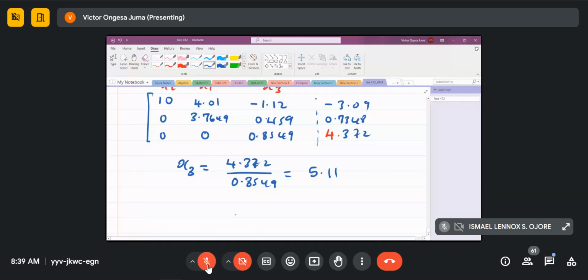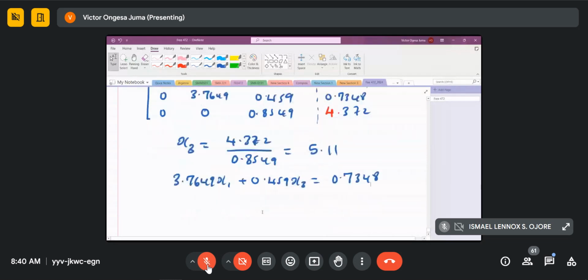5.11. And then now we can solve for x1 now. So it means 3.7649 x1 plus 0.459 x3 is the same as what? 0.7348. You don't even need to extract this line. You can just go directly and then you solve.